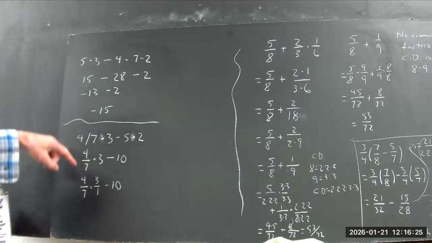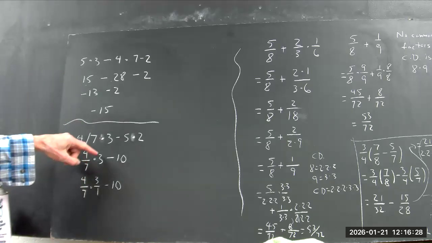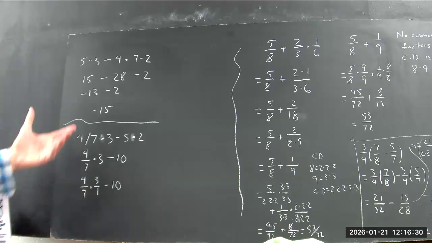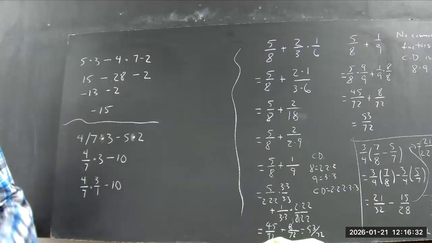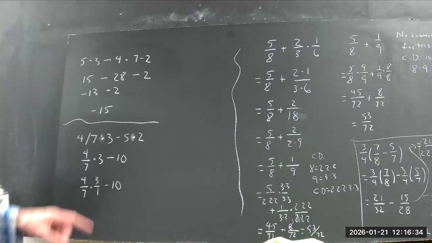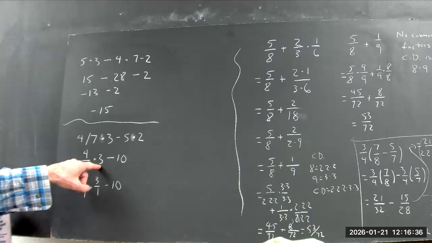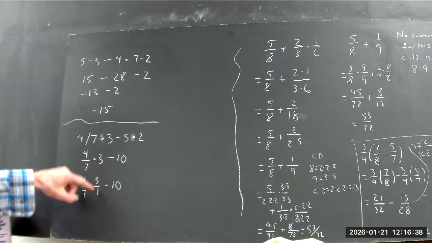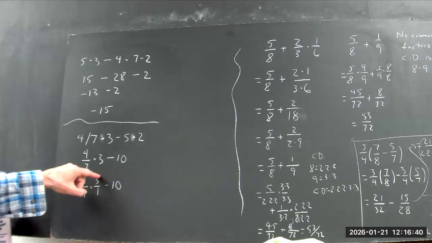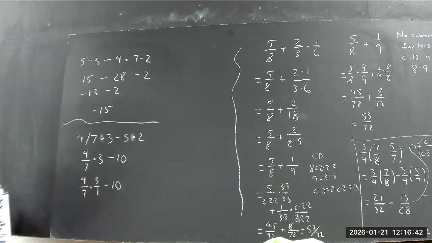Okay, now just to be clear, 4/7 times 3, the rule is multiply numerators, multiply denominators. And there's no denominator on 3. But I can write 3 as 3/1, and now I have 2 numerators and 2 denominators, okay? And that's something I think people are pretty familiar with.